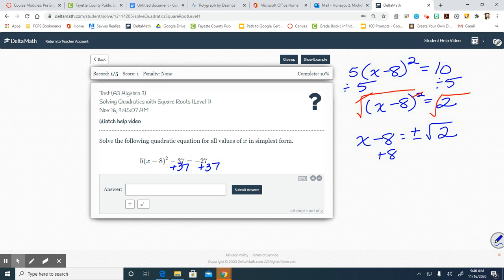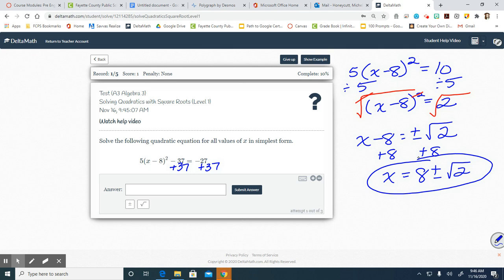I can add 8 to both sides, but remember we don't add it in the radical, we keep it separate. X equals 8 plus or minus the square root of 2. You could also write x equals plus or minus the square root of 2 plus 8.